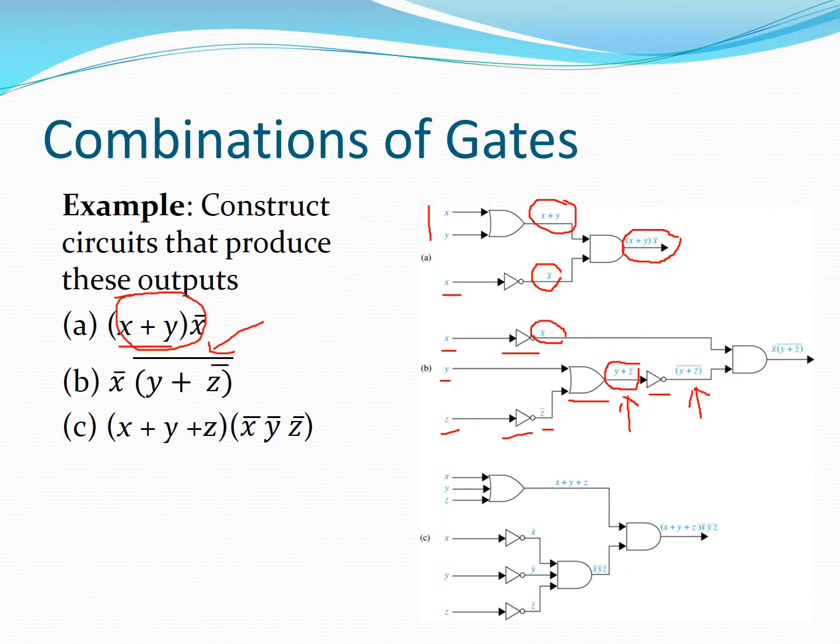Then you pass this output and x bar through an AND gate, and that gives you your final answer: x bar times y plus z bar whole bar. Okay, the last one I'm going to leave up to you. If you have a question, you can come by and ask me later on.